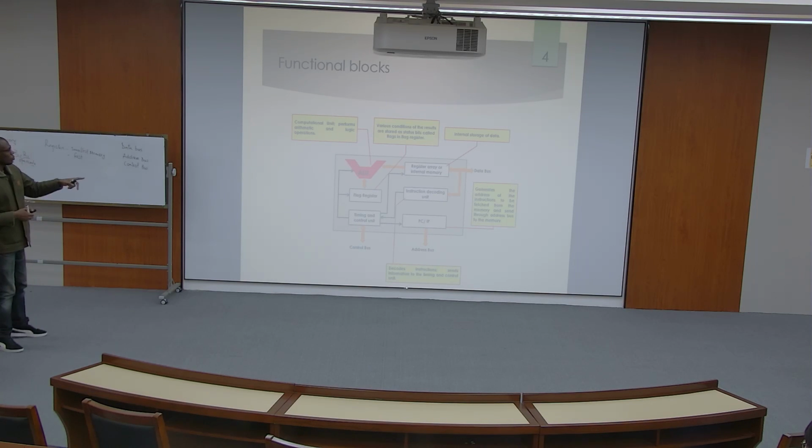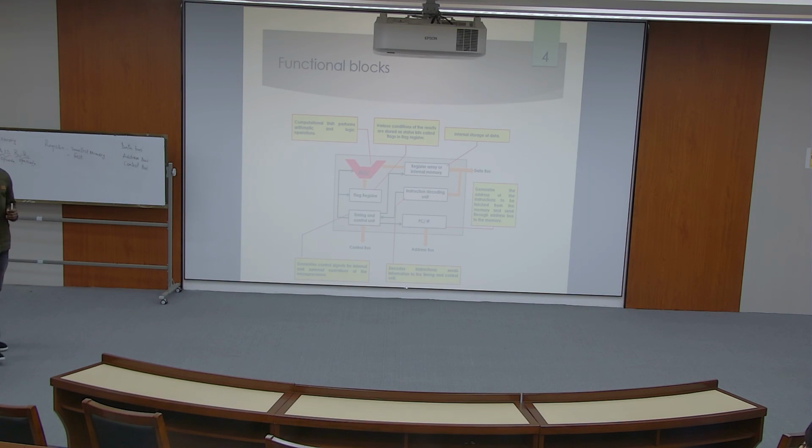The next one is the instruction decoding unit. This is a unit used by our microprocessor during the instruction decoding cycle to understand what the instruction means, and to know which operation it has to compute. The next is the timing and control unit.